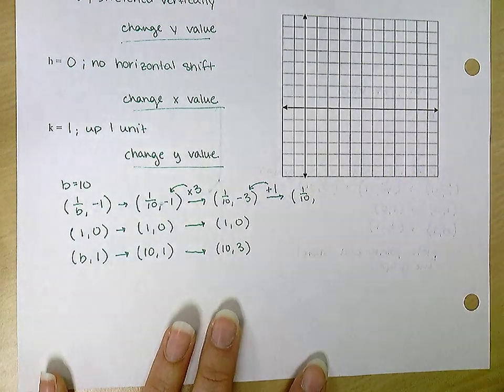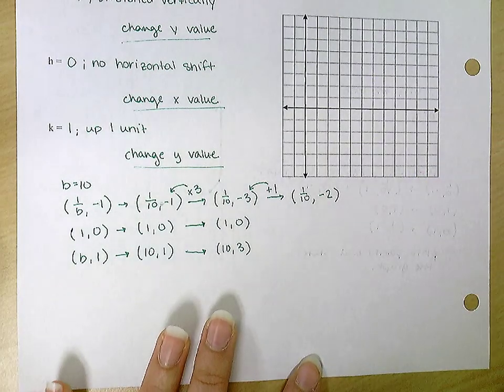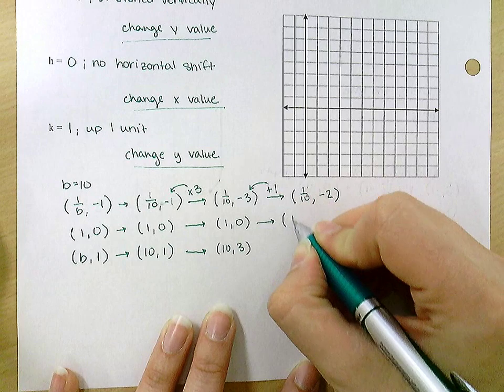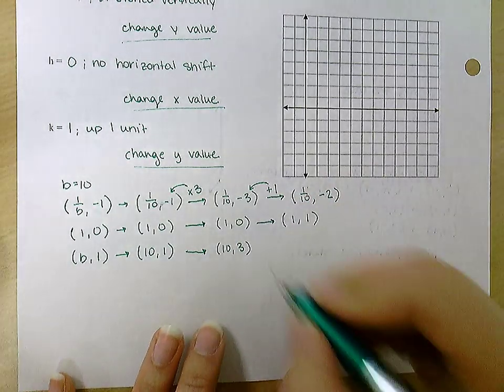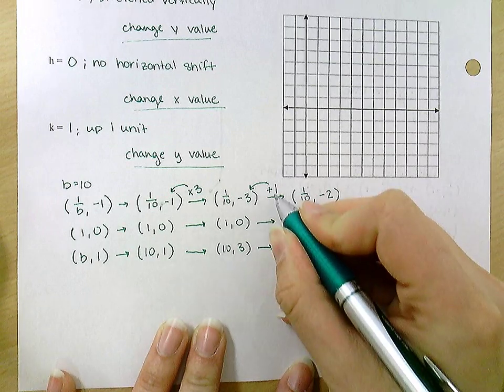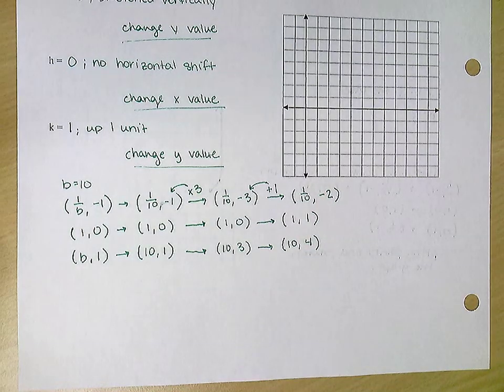Add 1 to -3, that's -2. For this one, add 1 to 0, that's 1. For this one here, add 1 to 3, that would be 4. So now I have my new coordinate points using my translation values from above.